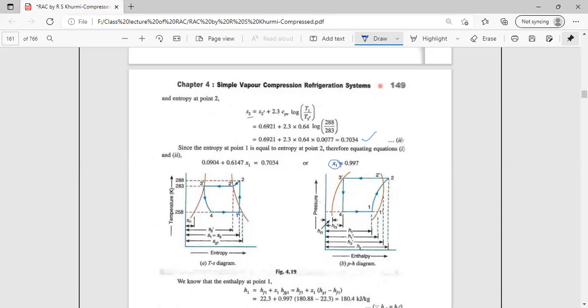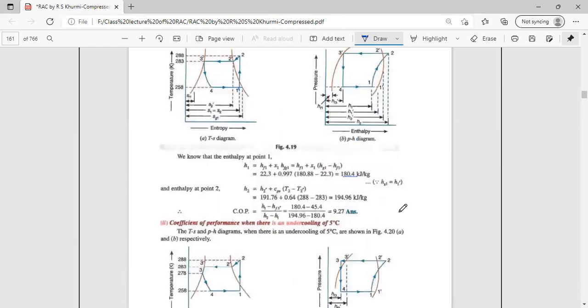We put the value of latent heat, which is the difference between the enthalpy at gaseous state minus the enthalpy at the fluid state at lower temperature or lower pressure. So H1 we have got as 180.4 kilojoule per kg itself.